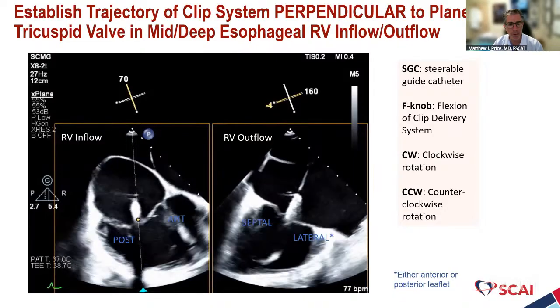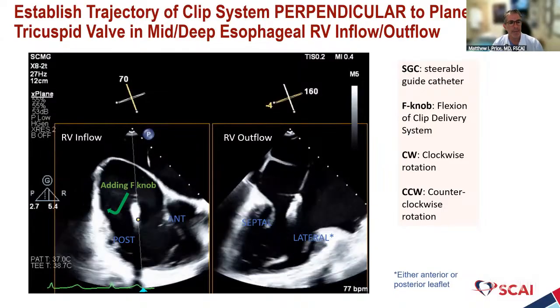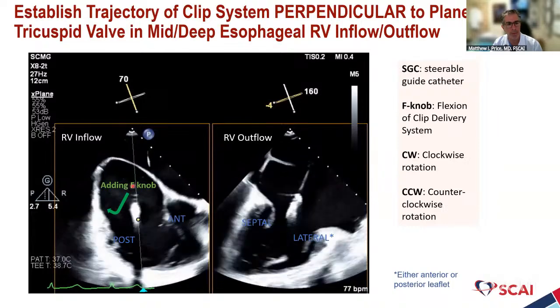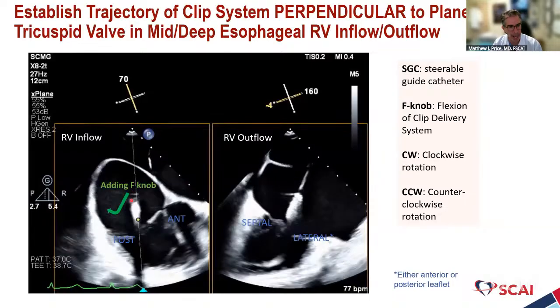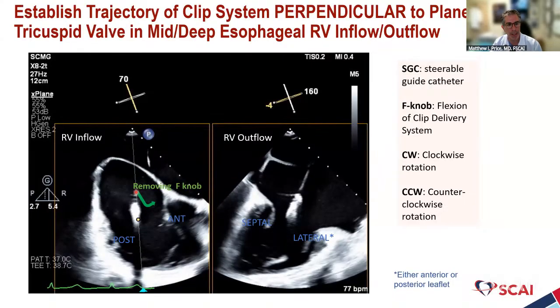So when we think about the different knobs, if we felt our trajectory was not appropriate, let's say we are pointing more towards the anterior aspect, we'd add F knob, and that will angle us more towards the posterior. Or you could reduce the F knob, and that would lean you more anterior.